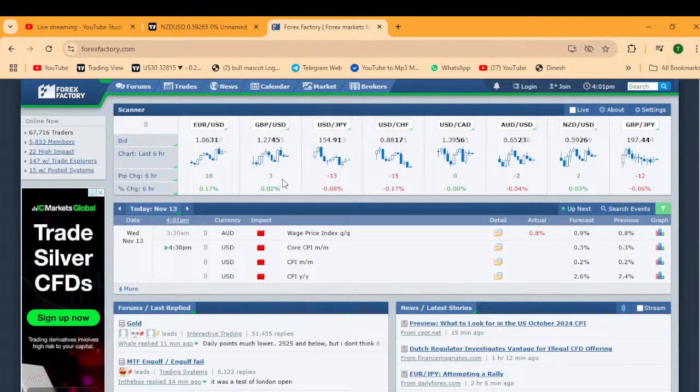and the core CPI. The consumer price index and the core consumer price index, month per month. Also the CPI for month per month, and the CPI for year per year. Now, let's first understand what CPI is. When I say CPI, what do I mean? This is the consumer price index.